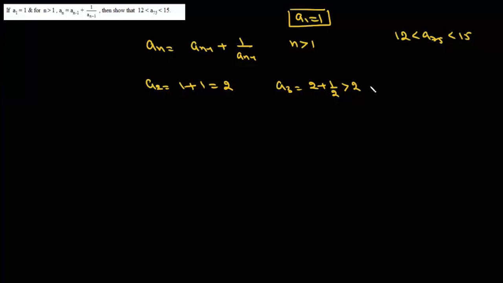And since it is an increasing sequence, any an will be greater than 2 for all n greater than 2. Now we look at this given condition. It says an equals an minus 1 plus 1 upon an minus 1.